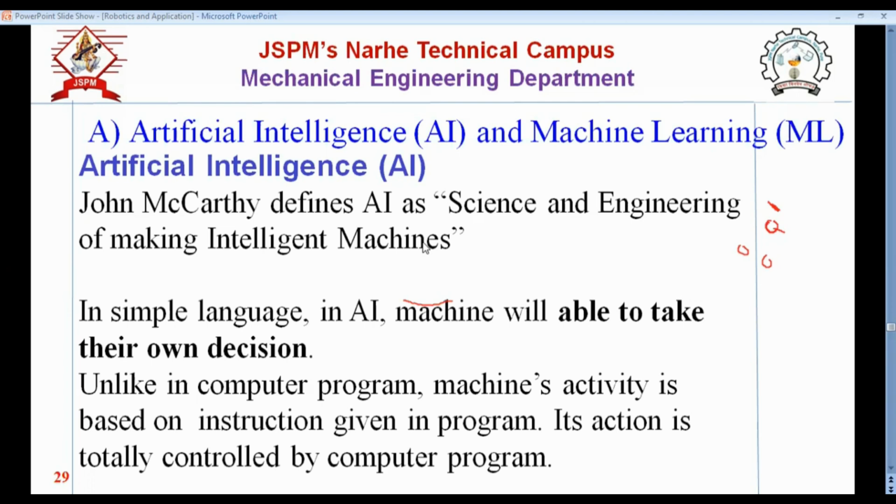In short, the robot will be able to take its own decision. Like if you see in a program, there will be a decision tree, but the decision is written by the programmer itself, what to do. But when we say the decision is taken by the robot, it means its own decision. It is not told in advance. So in autonomy, the robot will take its own decision based on the situation, based on the training given to the robot.